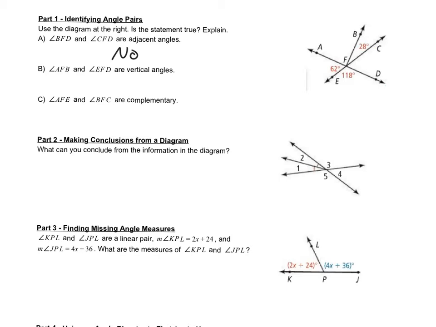All right, part B asks if AFB and EFD are vertical angles. Now vertical angles are two angles whose sides are opposite rays. We have to be really, really careful here because FA and FD are opposite rays, but FB and FE are not.